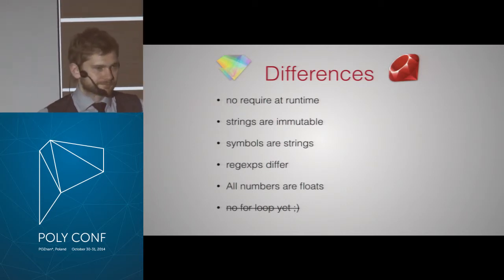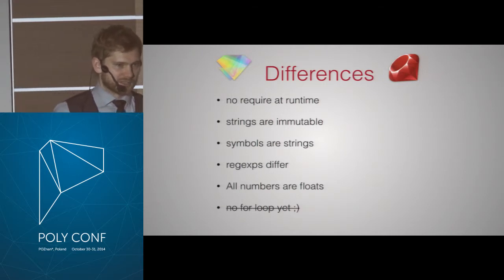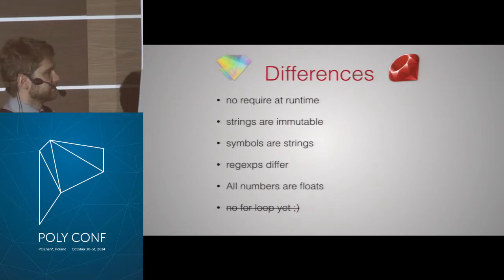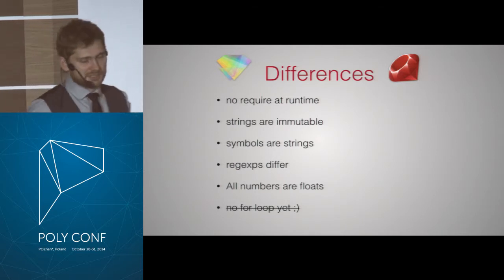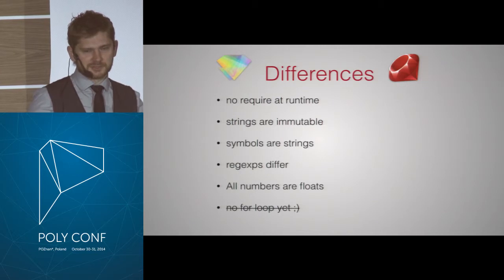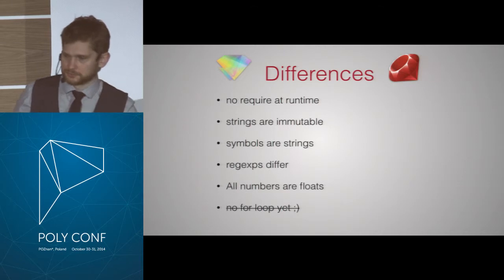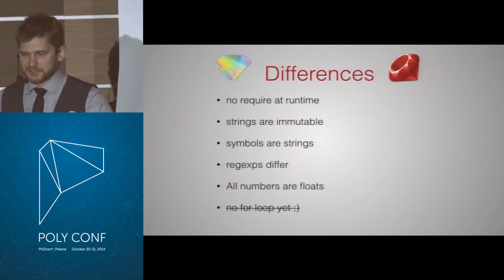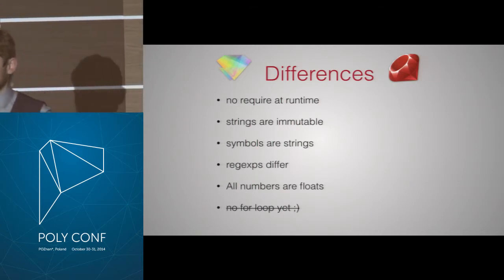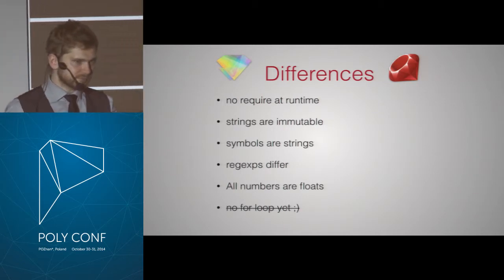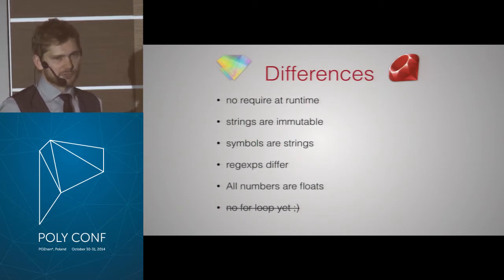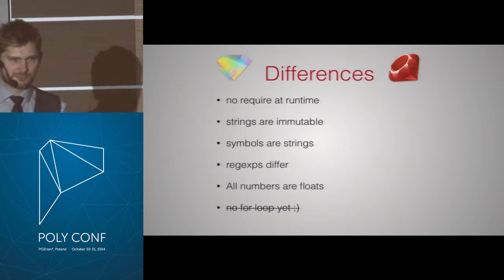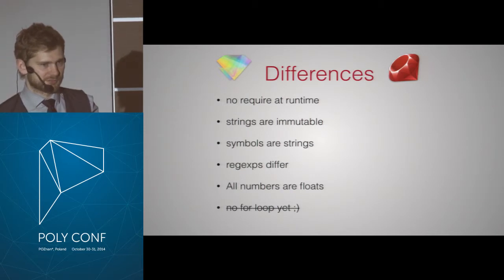With Opal Ruby, there is no require at runtime because it doesn't really make sense to require files in your browser. Strings are immutable, because Ruby strings are translated directly to JavaScript strings, so you cannot modify them. Symbols are strings. This is a difference because there was no better representation for symbols that would be performant in JavaScript.